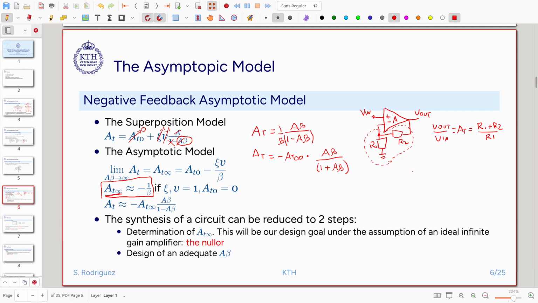How do we calculate beta? Very often in the basic course on analog electronics we just break the loop, and this is one of the very few times that we're going to do it here, because as I mentioned before, it leads to errors due to loading.